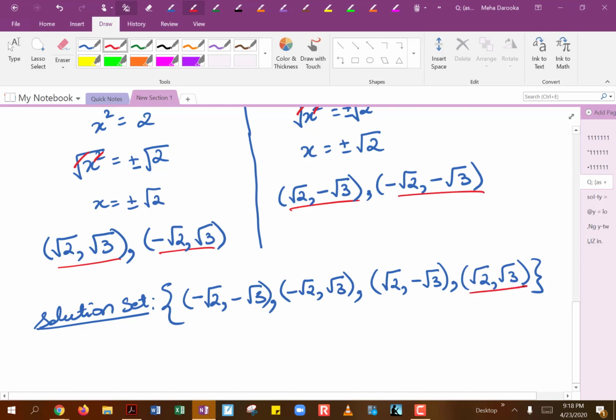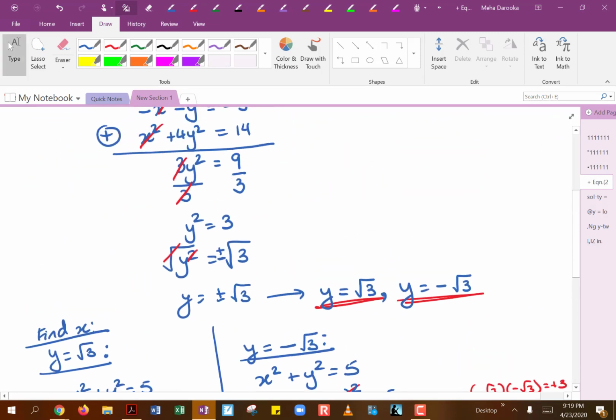So this is our positive square root of 2, positive square root of 3 from the first one here, negative square root of 2, positive square root of 3, and then my third one was positive square root of 2, negative square root of 3, and the last one was negative square root of 2, negative square root of 3. So all 4 together will become our solution set.